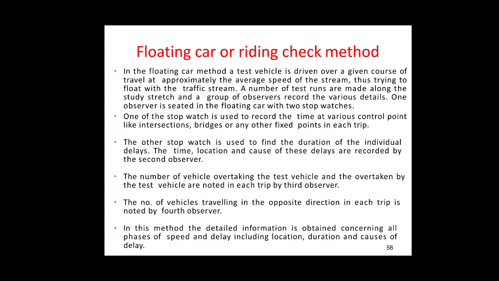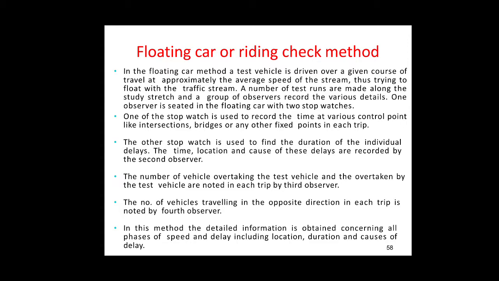The first stopwatch is used to record the various control points like the intersections, the bridges, or any other fixed points in each trip. The other stopwatch is used to find the duration of the individual delays. The time, location and cause of these delays are recorded by the second observer.